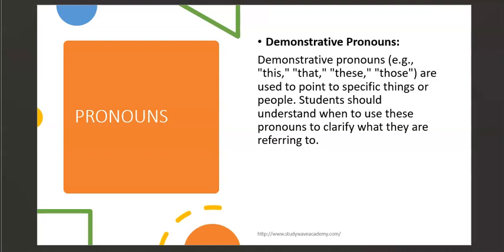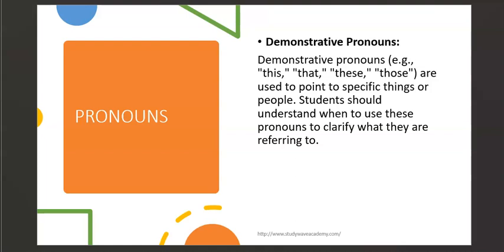Here we should understand these pronouns to clarify what we are referring to. For example, you're telling someone about your shoes, you be specific: this is my shoes. You're pointing at the shoes, and this means the shoes are close to you. If it's far, you say that is my shoes, or if they're many, in plural, you say those are my shoes, or if they are close to you and they're many, you say these are my shoes.